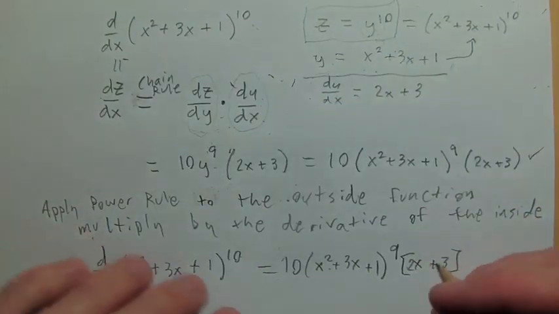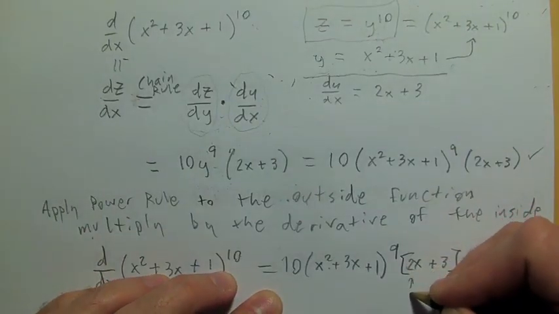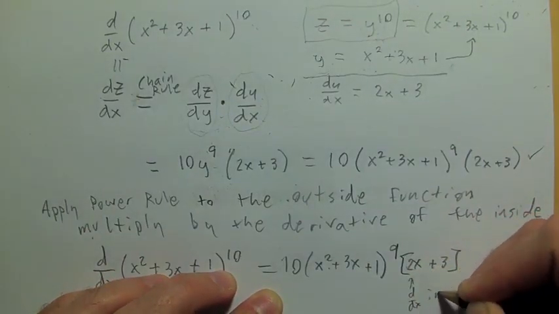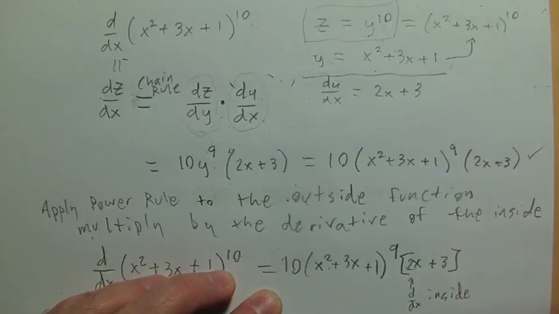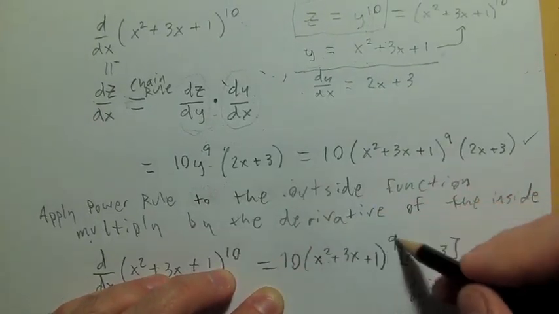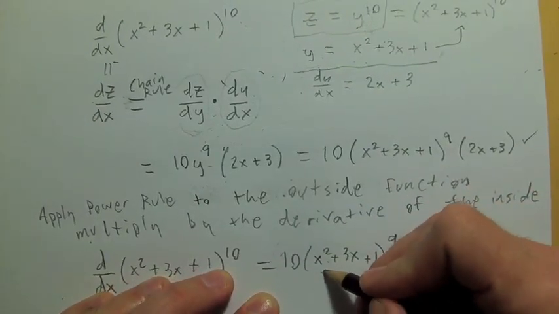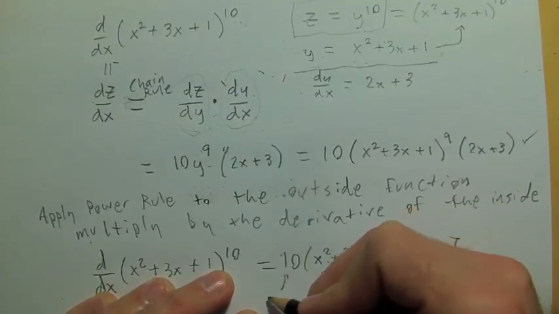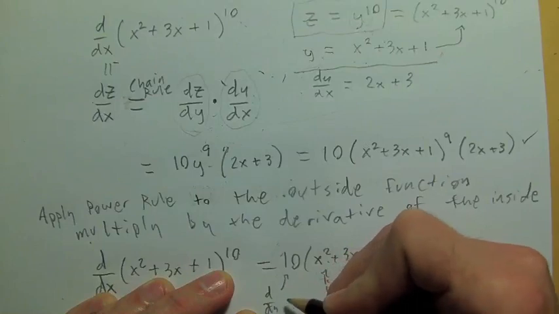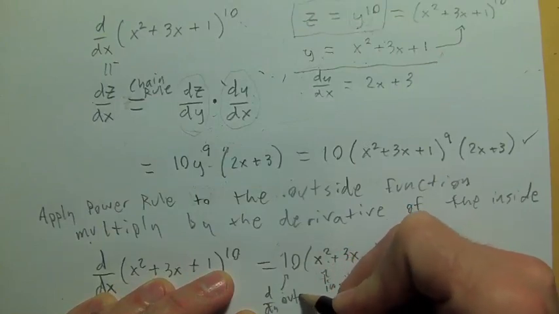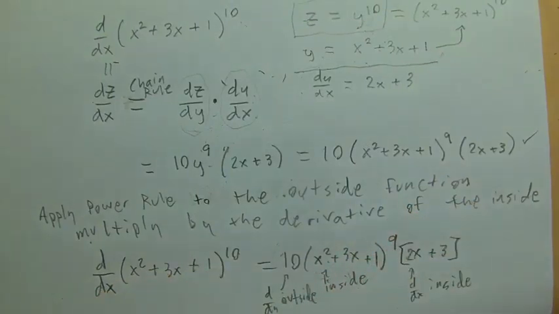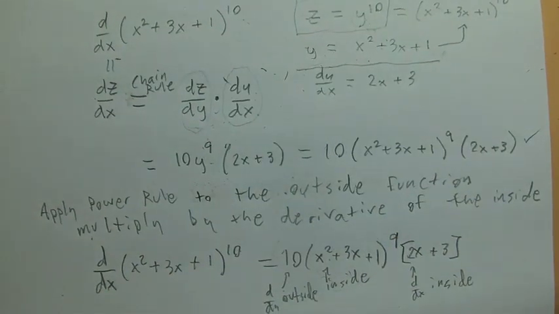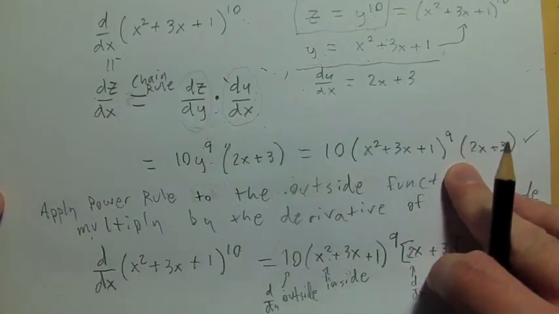Okay, so here is the derivative of the inside, and here's the derivative of the outside with the inside left alone. Notice I use y here just to be careful.